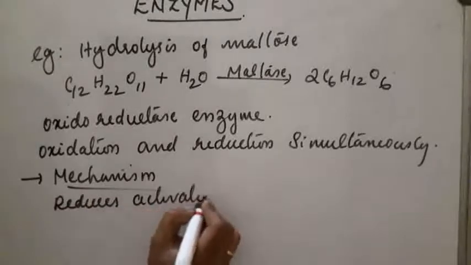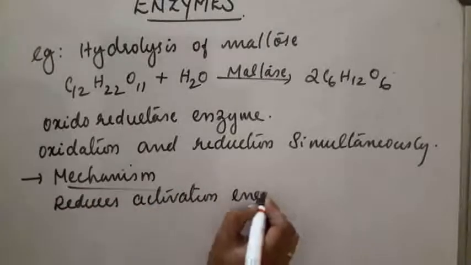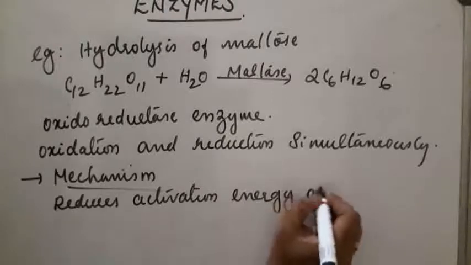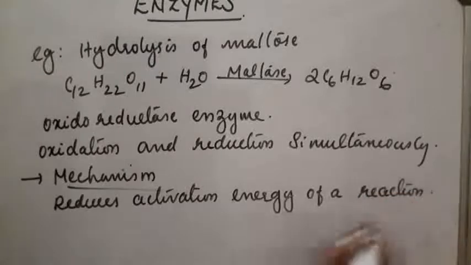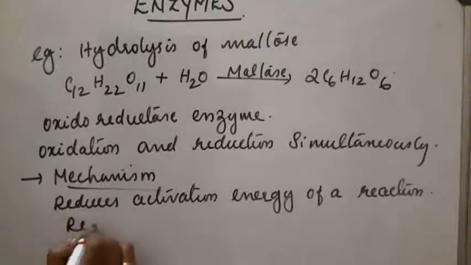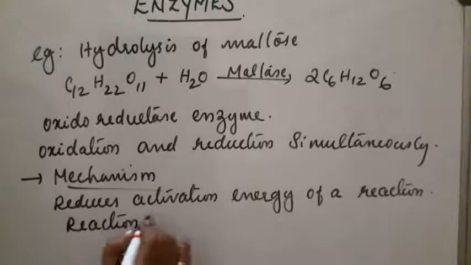So, in the presence of an enzyme, what will happen? The formation of the intermediate will take place at a very low activation energy, and the reaction takes place at a new path.